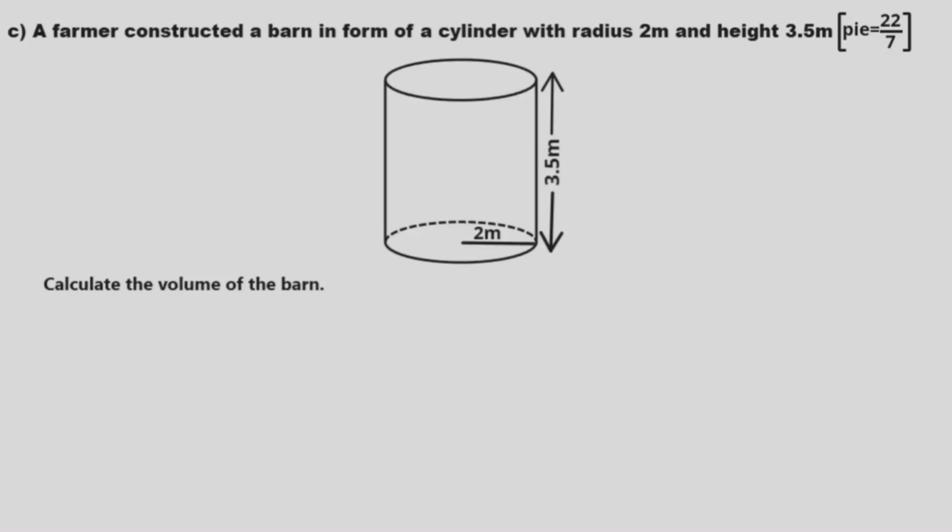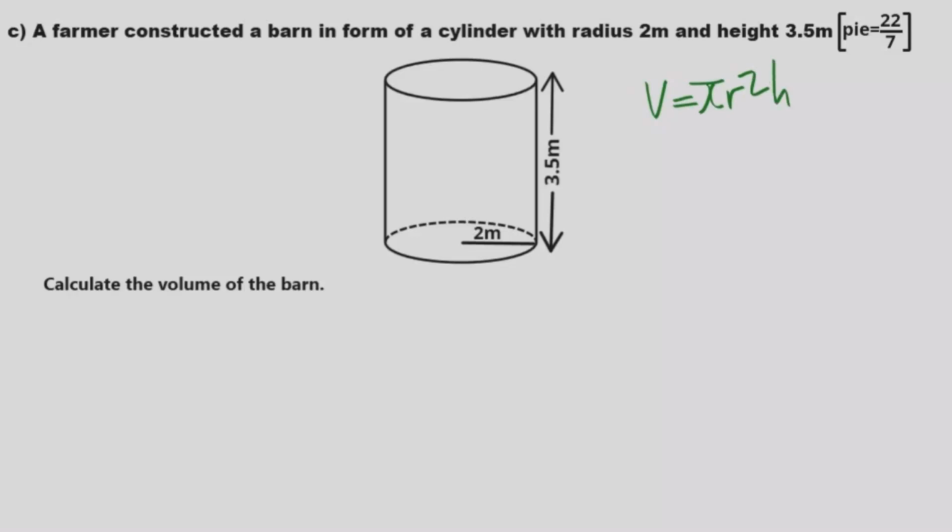Now the actual question is, calculate the volume of a cylinder. So what we need to understand is the volume of the cylinder. To find the volume of a cylinder, we use the formula, which is volume is equal to pi r squared h.